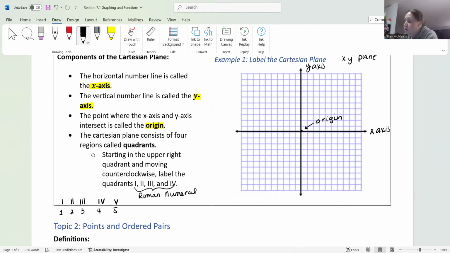So starting in the upper right-hand corner, this is quadrant 1. A lot of times you'll put the lines on top of these like so.